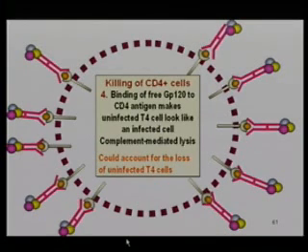So one of the hallmarks of an infected patient is a large amount of free GP120 circulating in the bloodstream. This GP120 comes along and binds to CD4 antigen, and then the cell looks like an infected cell and can get destroyed.